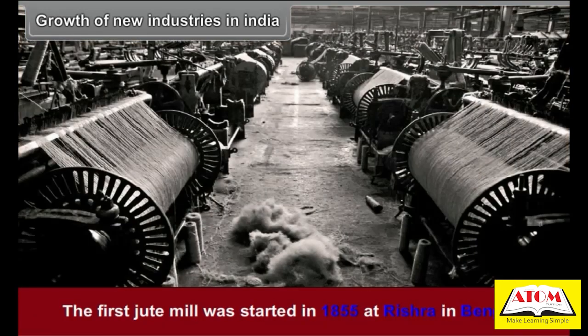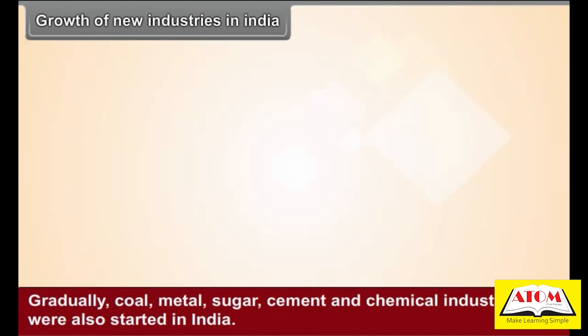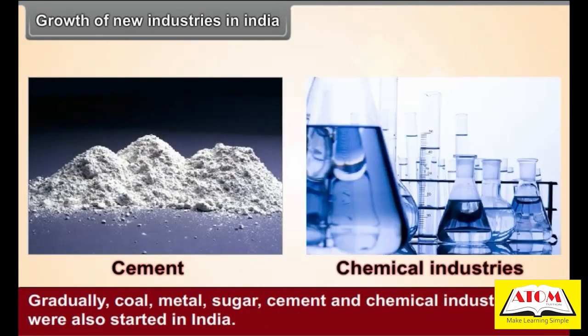The first jute mill was started in 1855 at Rishra in Bengal. Jamshedji Tata established Tata Iron and Steel Company's steel producing plant at Jamshedpur in 1907. Gradually, coal, metal, sugar, cement and chemical industries were also started in India.